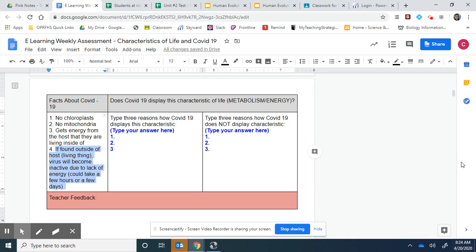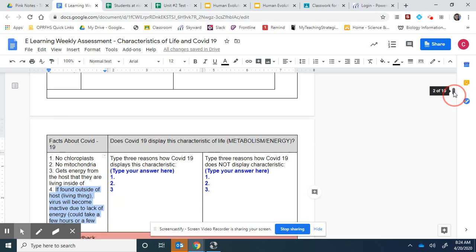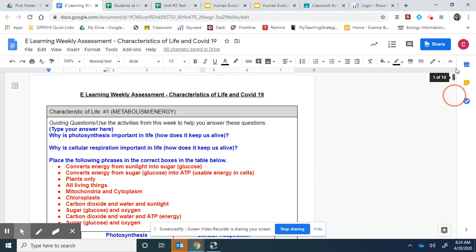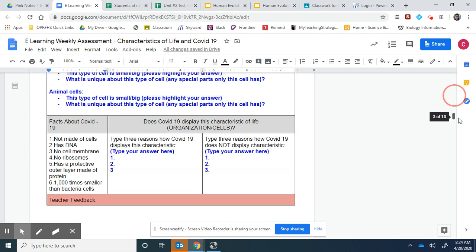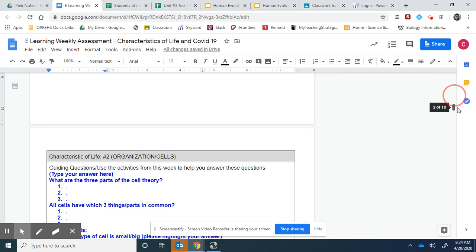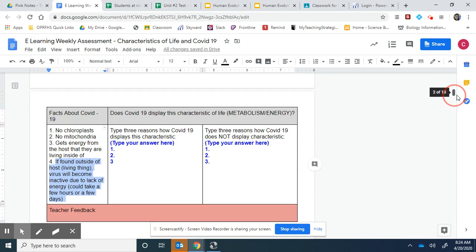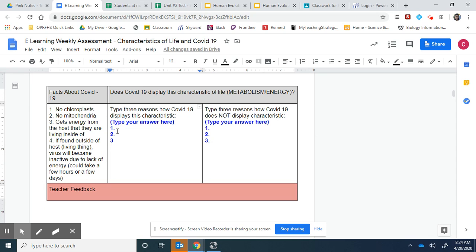things, and I'm going to think about what we typed on page 1 at the top. And I'm going to complete this column. Oh, I'm sorry, I went down a little too far. Over here on the right, I'm going to give 3 reasons why the COVID-19 displays the characteristic, meaning it's a living thing that has energy. Okay.